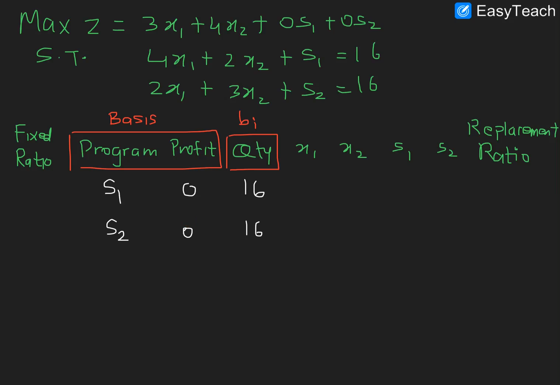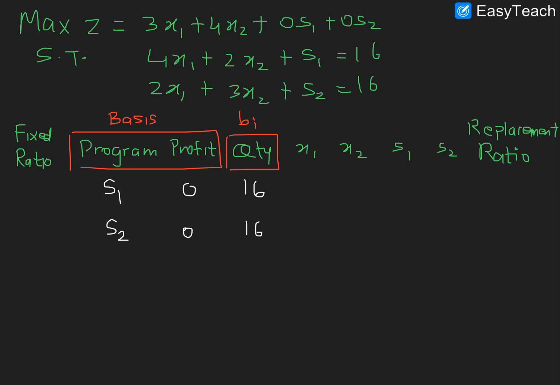Then coming to this portion of the table, this simply talks about how many units of s1 and s2, or how many units of program variables, need to be given up so that I can have x1, x2 produced.